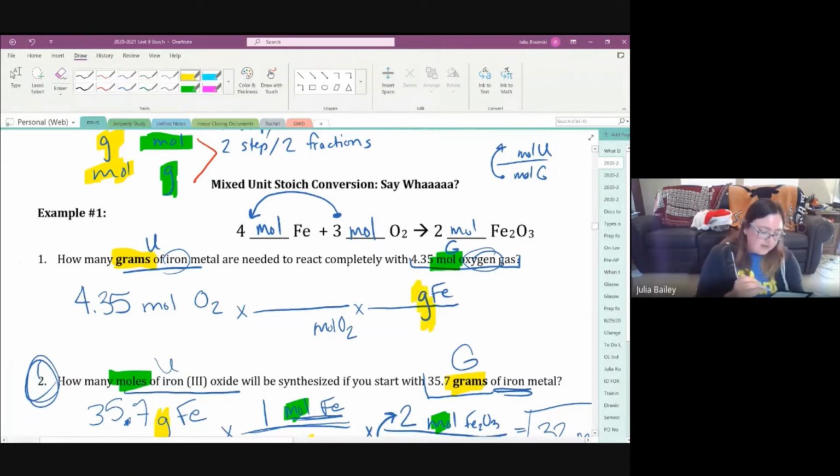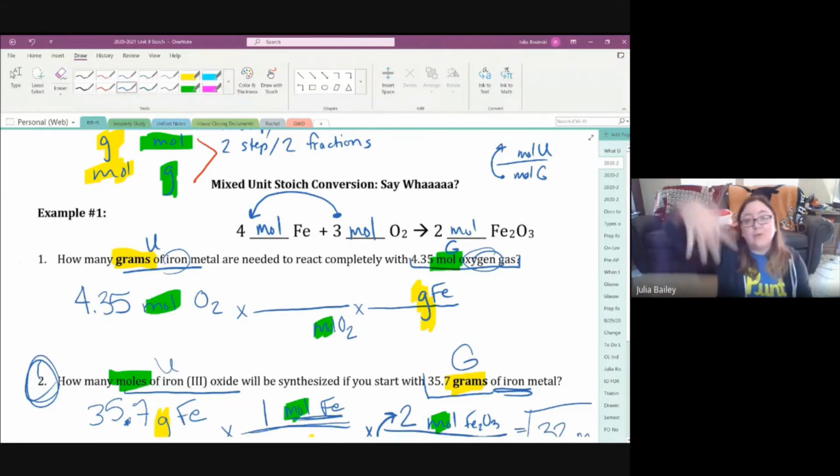Way over there. And so when you're trying to figure out where your conversion for your mole bridge is going to go, remember that the mole bridge is for moles only. It's called a mole bridge because it is for moles only. Only moles can go on that thing. Quit trying to put it where grams are. You cannot put the mole bridge anywhere where there's grams. That is a lie.